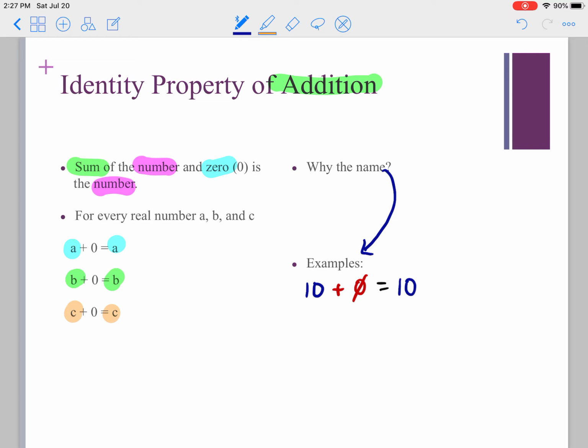And so we could have any number of examples. 3,175 plus 0 is equal to 3,175. You can come up with some examples on your own, but importantly, you need to remember that 0 does not change the identity of the number that is being added to because it maintains its value. The original number maintains its value.